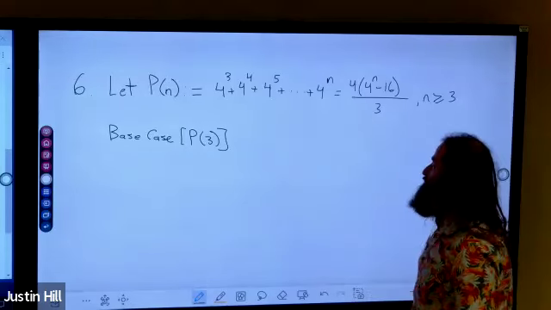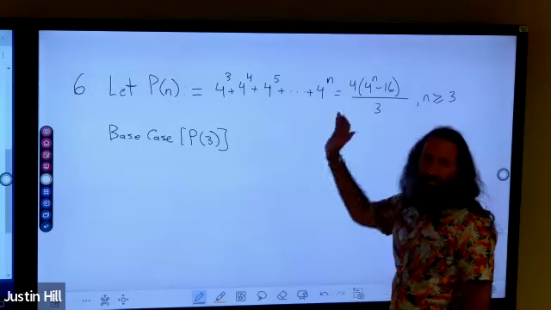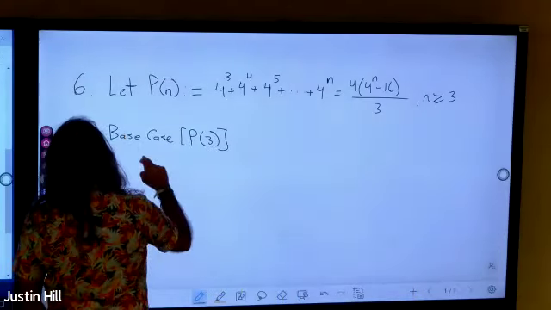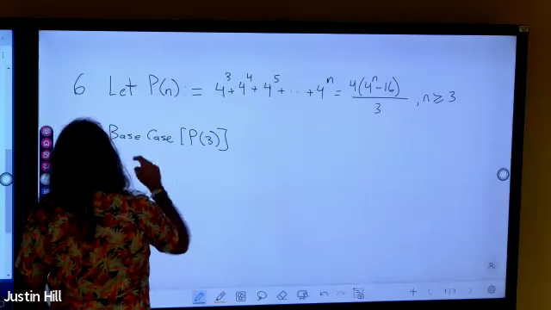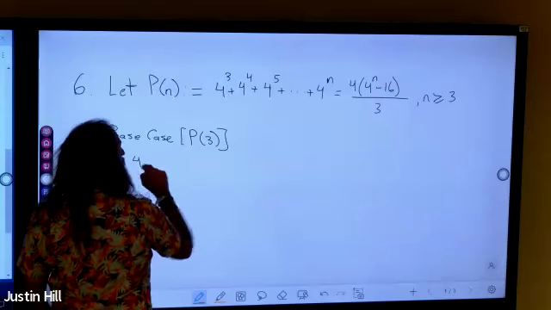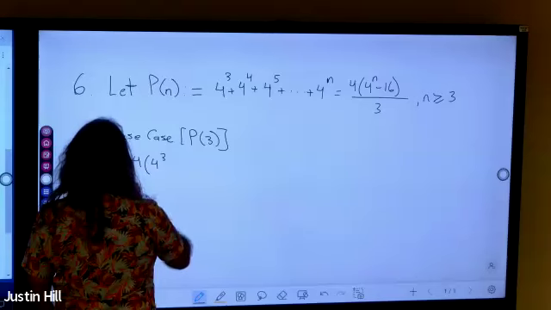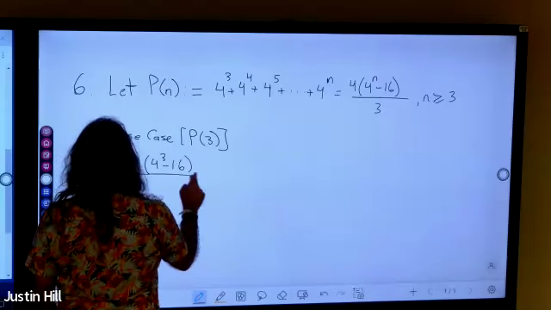All right, so the P of 3 case. Again, we have to show that the left side and the right side match, that they're equal. We might do something like this. The right side of this is going to be 4 times 4 cubed minus 16, over 3.